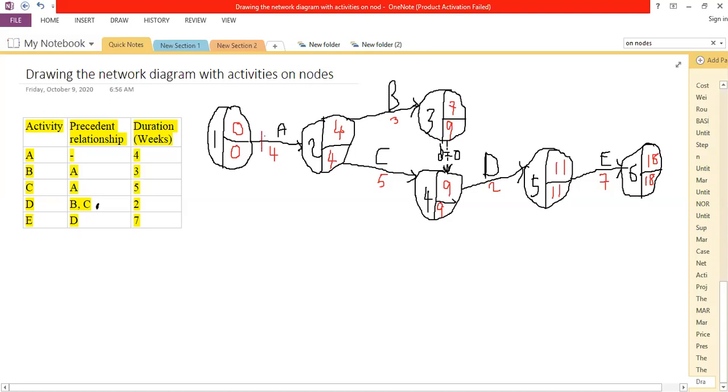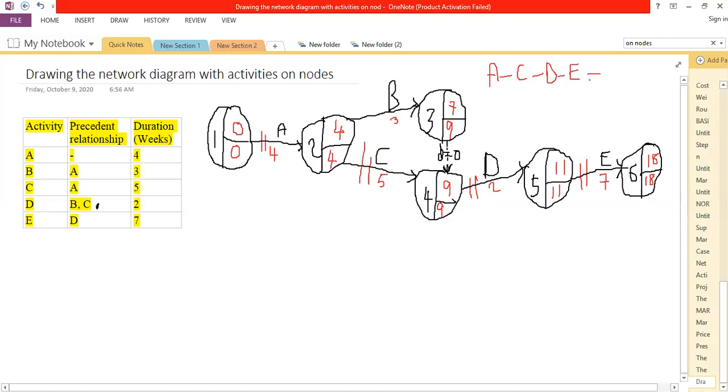So I'll have path A, C, D, E. And you can label that as your critical path. You can use hyphens in between or commas as you mark your critical path.